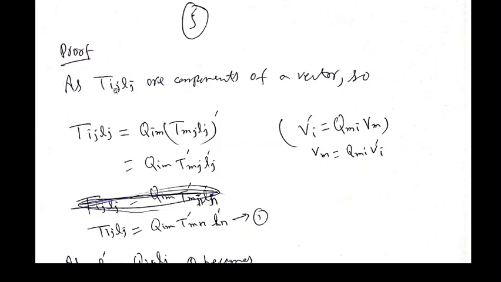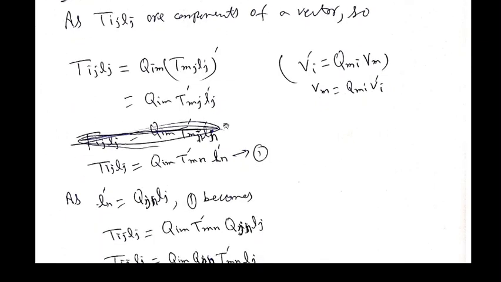As these are components of a vector, we will use the definition of the transformation law for the components of a vector. I have written this, so you can write t_i = t_ij l_j equals t'_im l'_m. I have replaced j with n. You can do this; j is a dummy index, so you can write whatever letter you want, except this m.